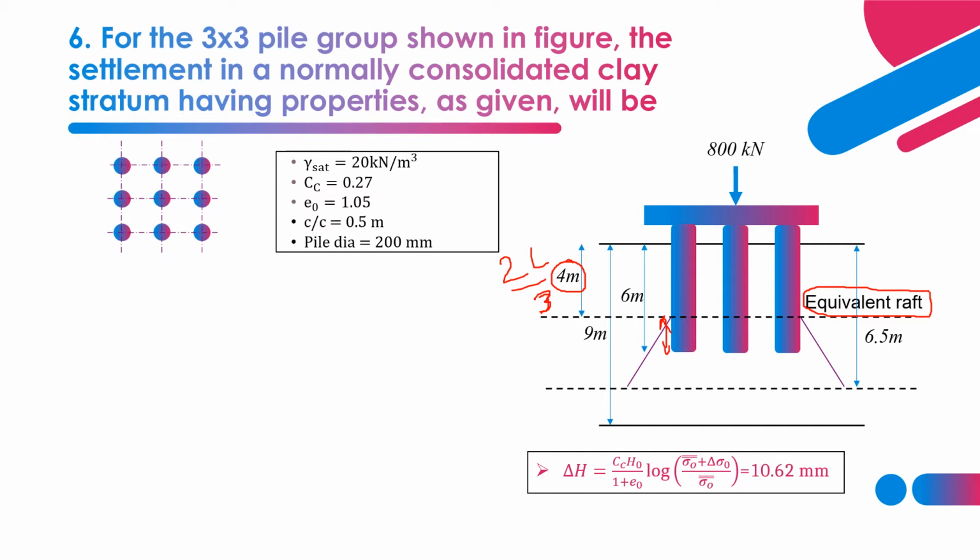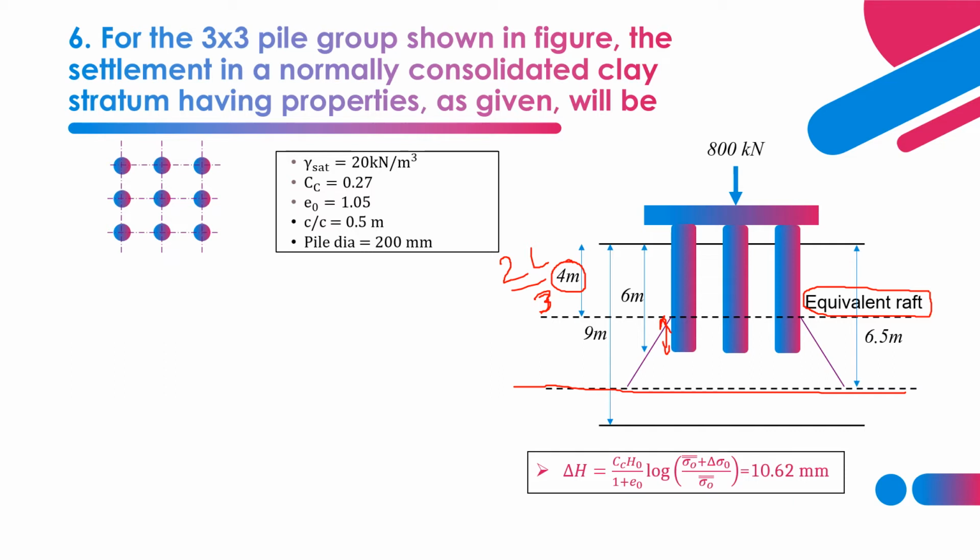So this is how we have to convert a pile group into an equivalent raft. What does this line tell? This line is the center of the clay layer at which we have to find the stress. They have given 9 meter from the ground level to the hard strata.